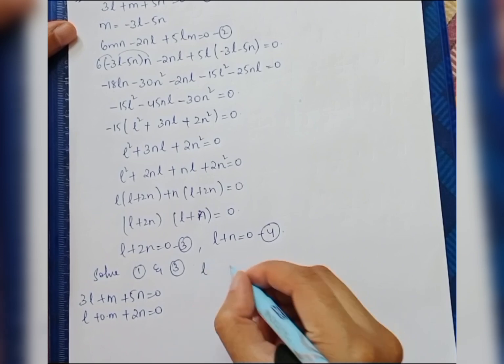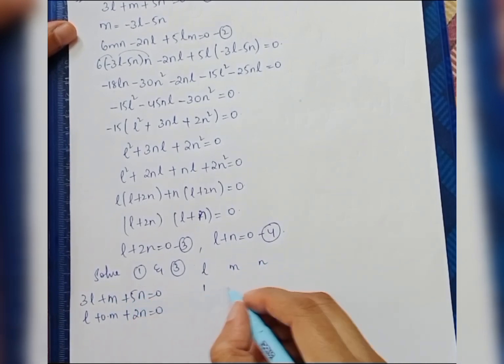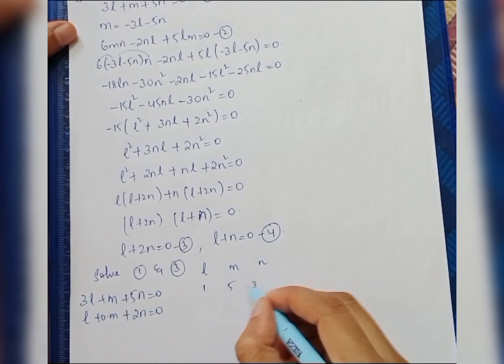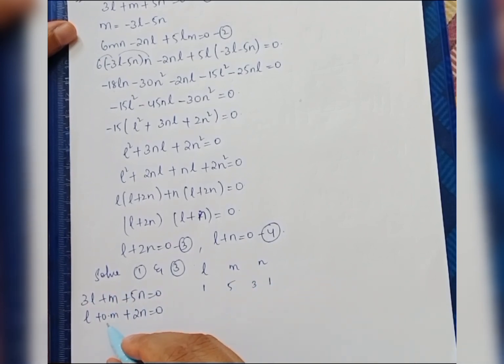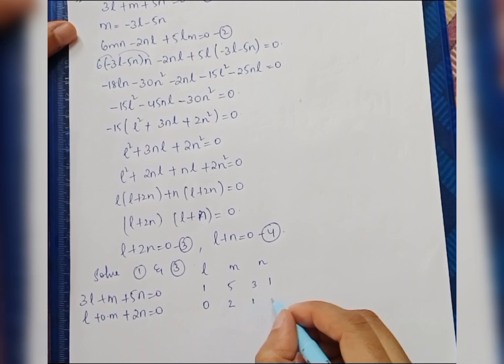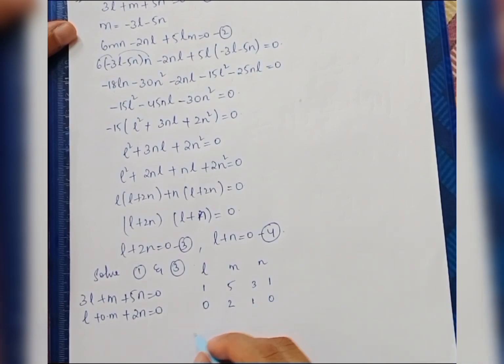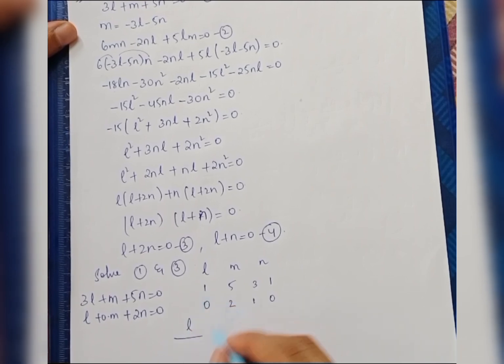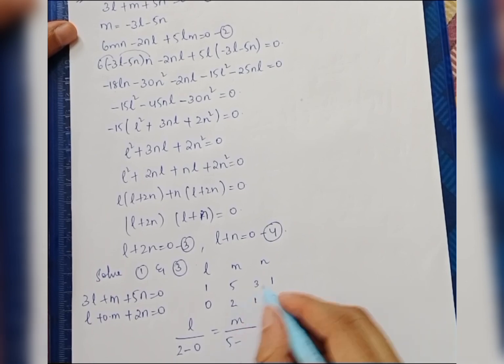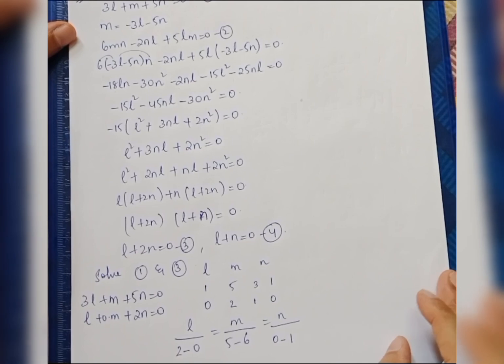Taking l, m, n: the coefficient of m is 1, next is 5, and again 3, and again 1. Similarly the next row is 0 and 2, then 1, and again 0. So it will be l by 2 ones are 2 minus 0 equal to m by 5 ones are 5 minus 2 3s are 6 equal to n by 3 zeros are 0 minus 1.